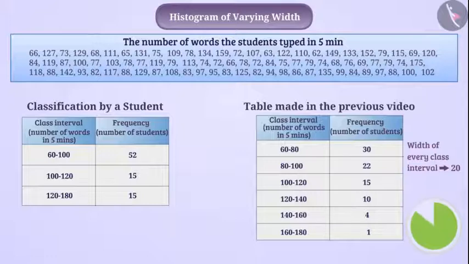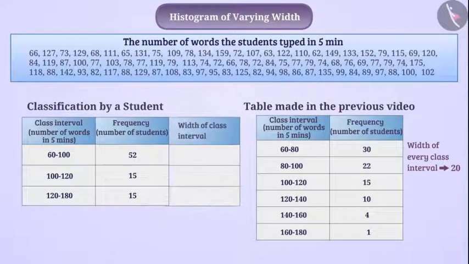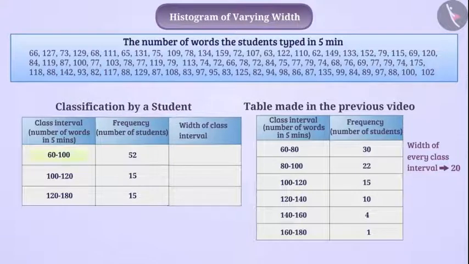No. Here we see that the class width of the first class interval is 100 minus 60, which is equal to 40. The class width of the second class interval is 120 minus 100, which is equal to 20. And the class width of the third class interval is 180 minus 120, which is equal to 60.